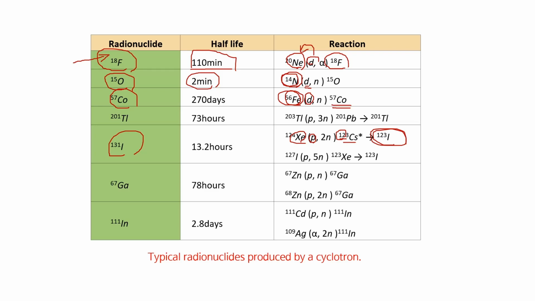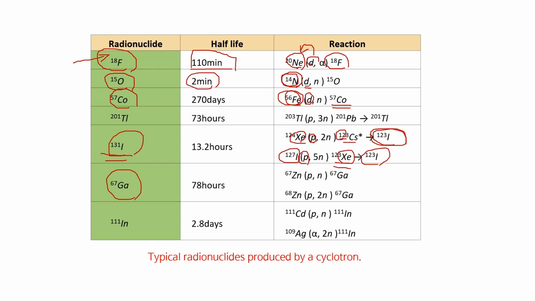We can also obtain iodine-123 using iodine-127 bombarded by proton. Then this becomes xenon-123, and xenon-123 decays to become iodine-123.